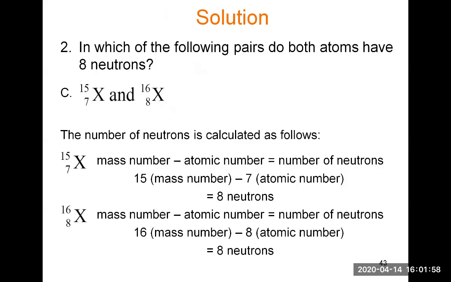Both isotopes here have 8 neutrons. And to make sure you are correct, you do the mass number minus the atomic number. So the upper number minus the bottom number, and that gives you the number of neutrons.